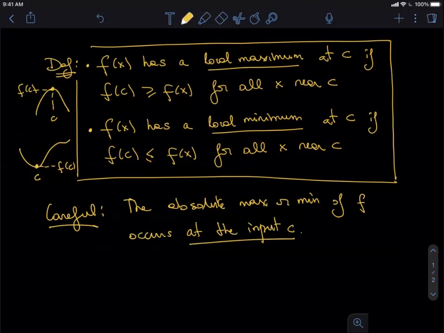Okay, and this is important. And the maximum or minimum value is f of c.